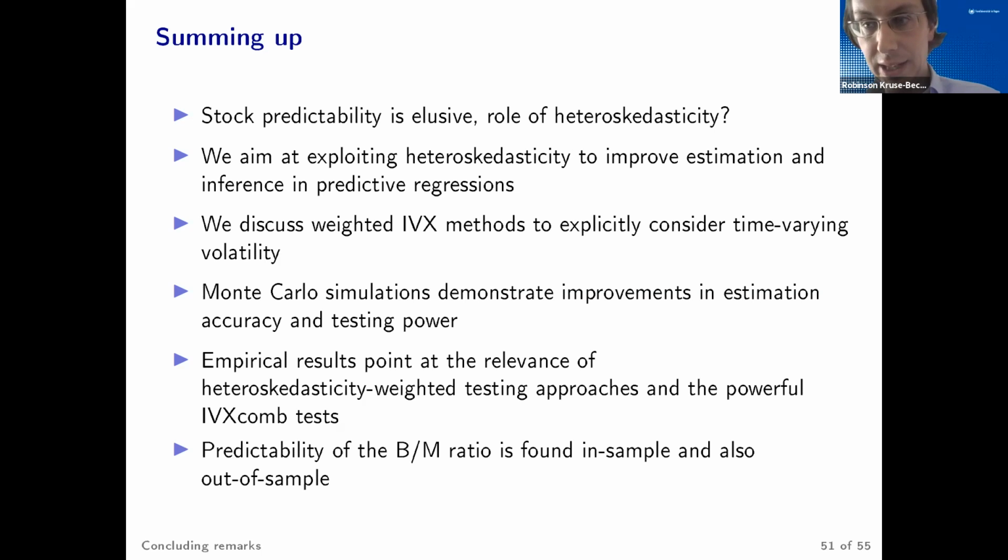We have done that in the IVX framework, and we could show theoretically the validity of our approach, and via simulations the performance, in terms of size and better power, and the empirics conclude this result. Thank you very much for your attention. I'm happy for any kind of questions or comments.